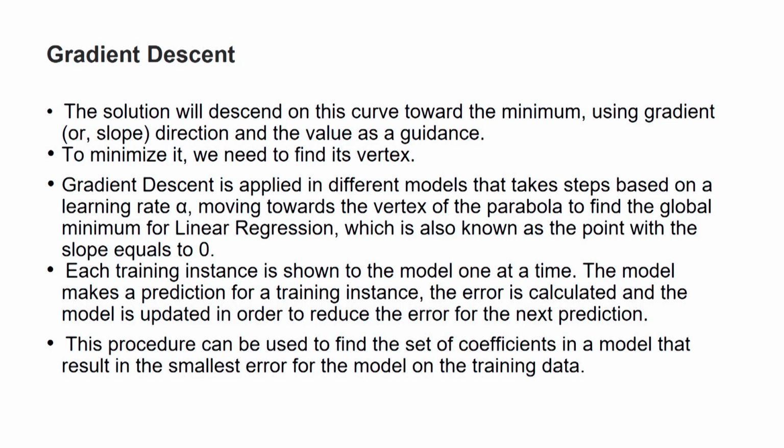So, we can say here this curve has only one minima, and using the slope and direction of this slope we can find the values of parameters for which cost function value is minimum.